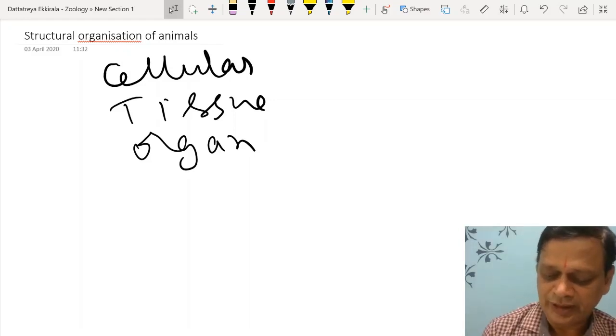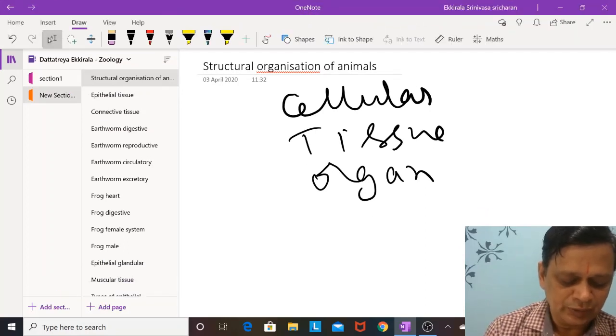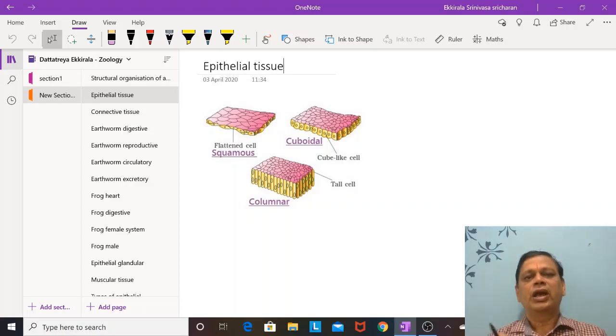Okay. Then, coming to the four basic types of tissues: epithelial tissue, connective tissue, muscular tissue, nervous tissue. These are the four basic types of tissues, right?